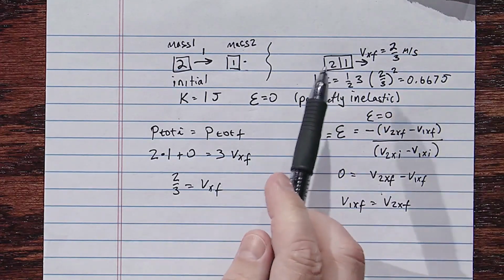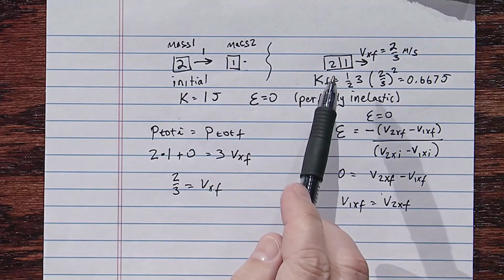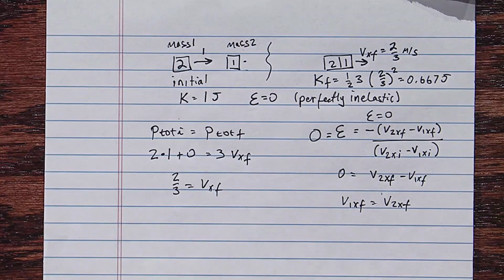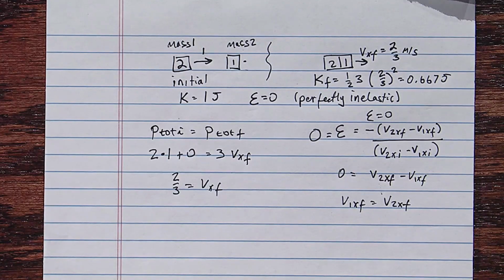So what has happened is that in this collision, we have lost energy. We've lost 1/3 of a joule of kinetic energy. Where did that energy go? Well, when the objects stuck together, they deformed. It took work to deform these two objects. Some of the energy went into heat. Whenever things collide, they get hot.